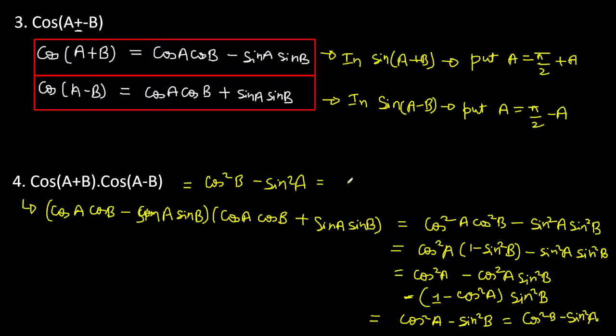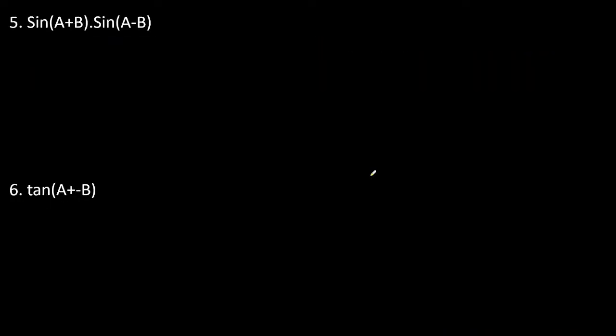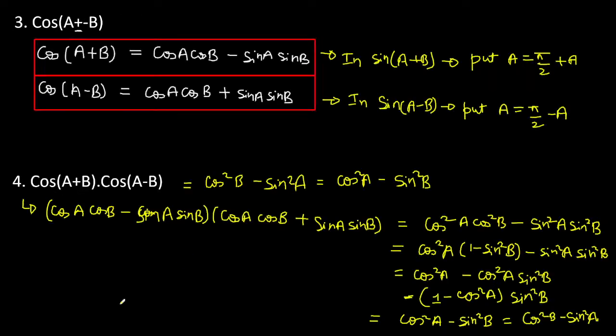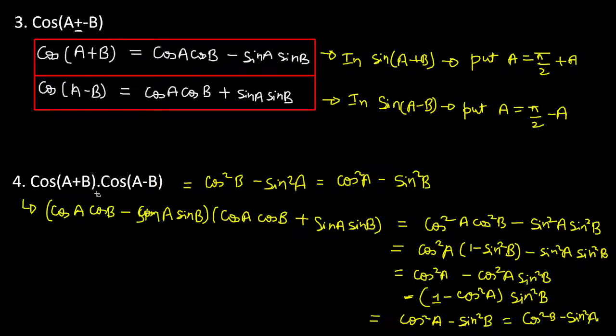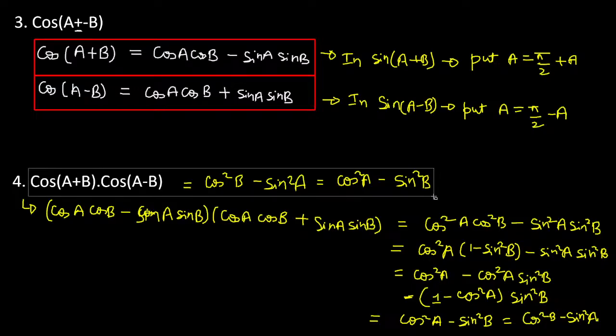This could also be written as cos square A minus sin square B. We will keep that in the box, and from the box we'll get it.